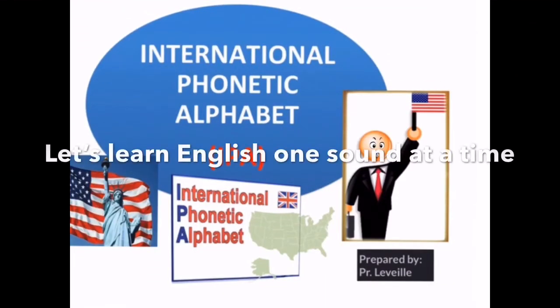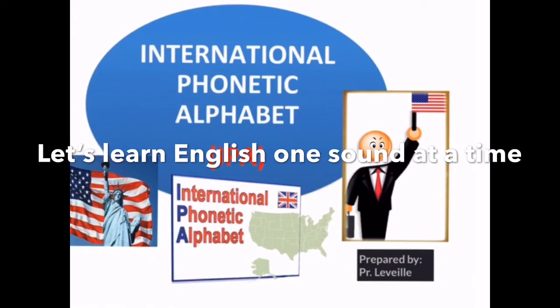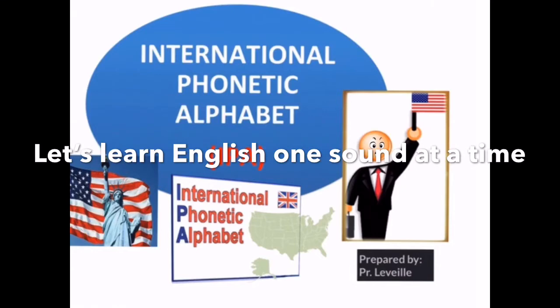In this lesson, we're only going to introduce the 44 basic units of sound in English, otherwise known as the 44 phonemes of English. Now, it may not be obvious at first, okay, but if you spend the time to know these sounds individually, it will boost your confidence.